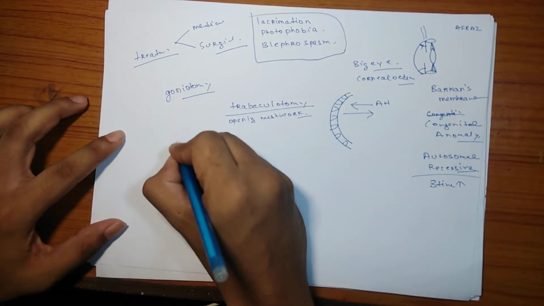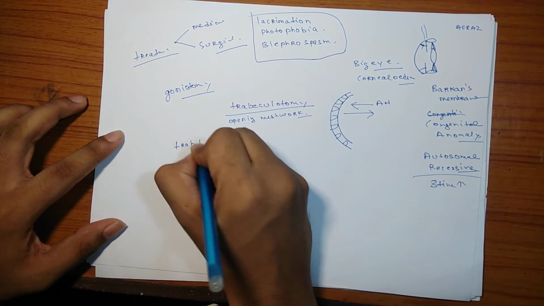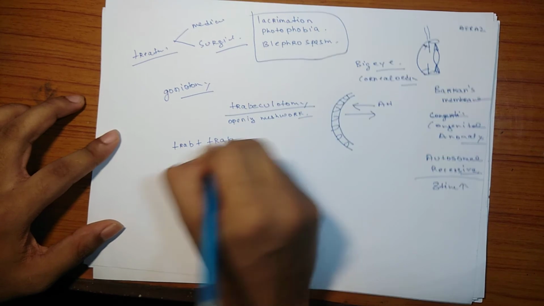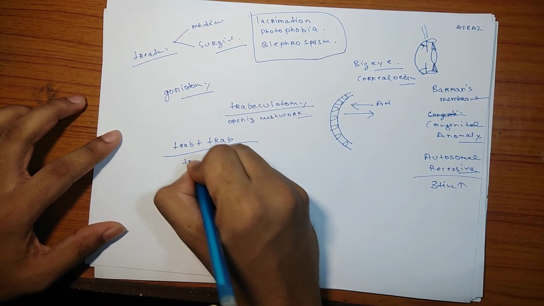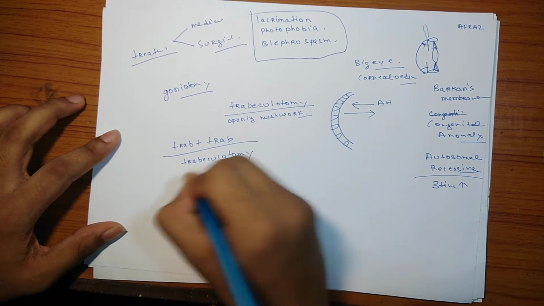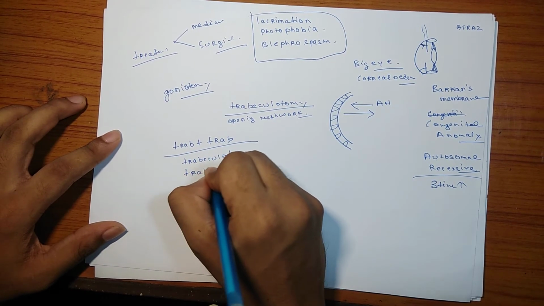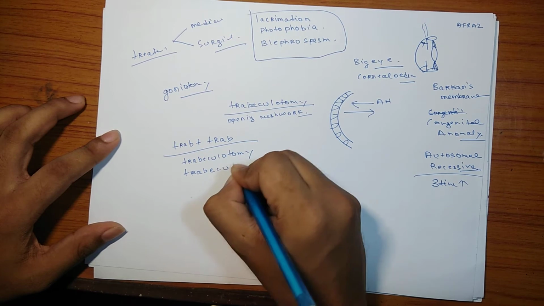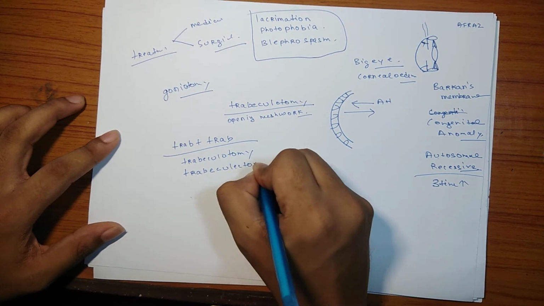There's another technique which is known as trab plus trab. Yes, this means trabeculotomy with trabeculectomy.